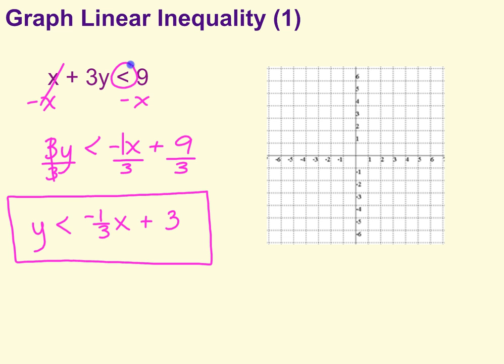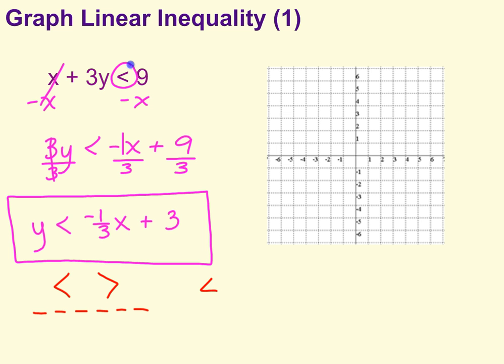But let's talk about this inequality first. Now this is in your notes, but just a reminder, if you have a less than or greater than, this is going to be a dotted line.